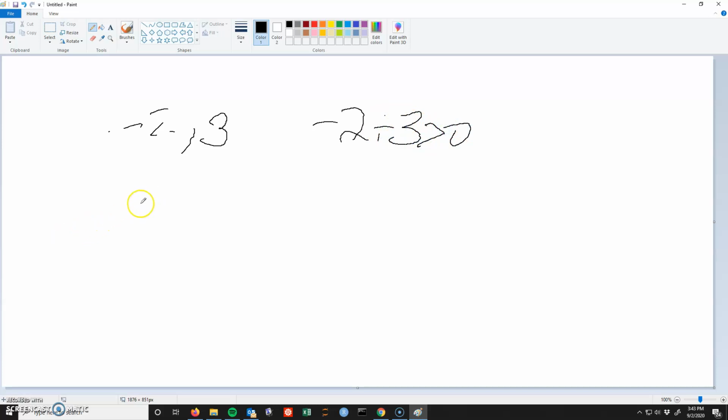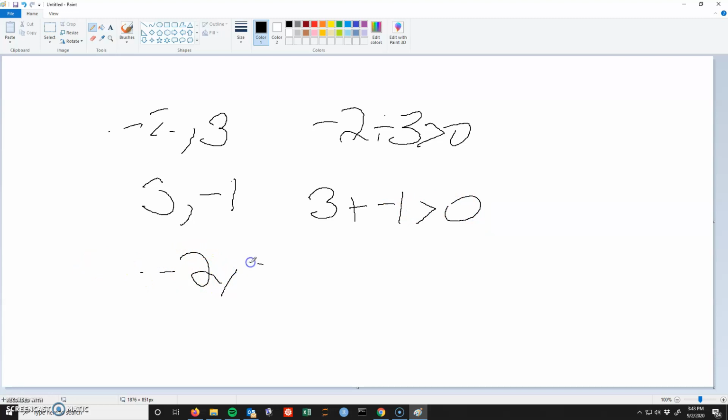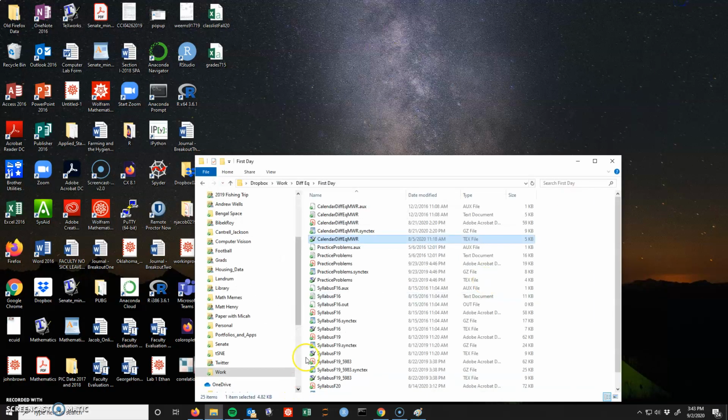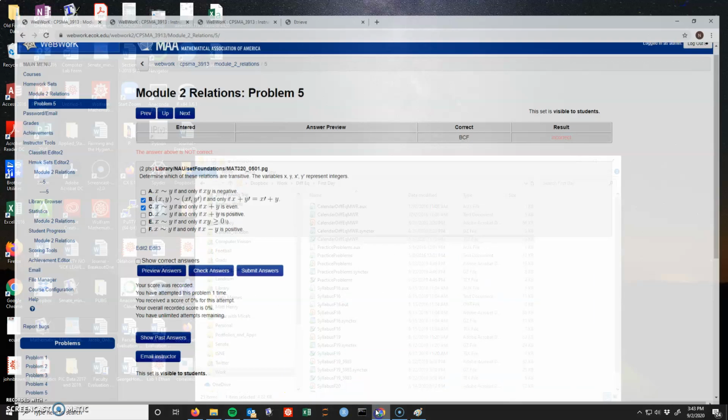That's trivial. 3 and negative 1, 3 plus negative 1 is also positive. But negative 2 and negative 1, the sum is not positive. So this one is not transitive.